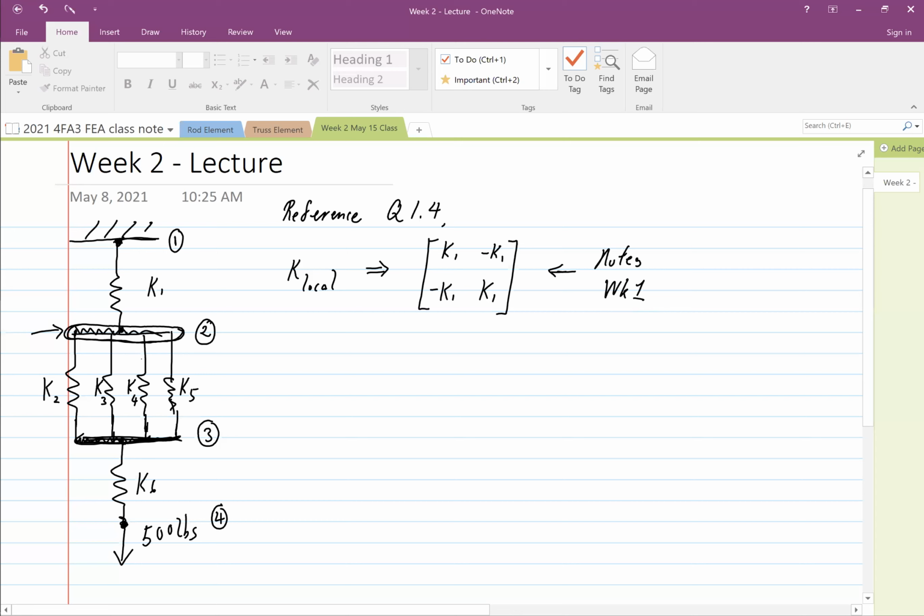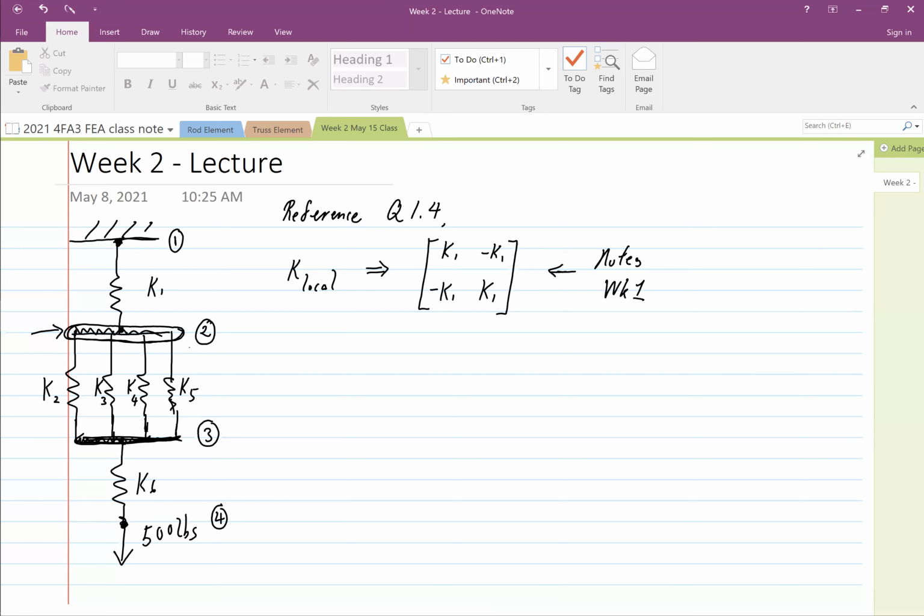Okay, right here, K2, 3, 4, 5, they're joined together. K1 is only one element, right? But K2, 3, 4, 5, they are 4 elements moving together, which is working as a thick spring.